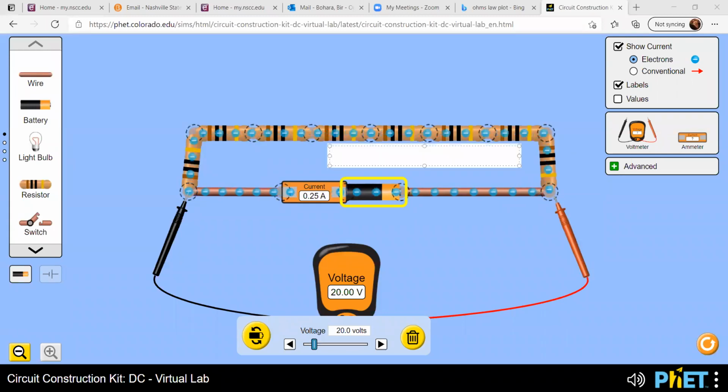What was the voltage? Voltage was 20, right? We set 20. And then what was the current?